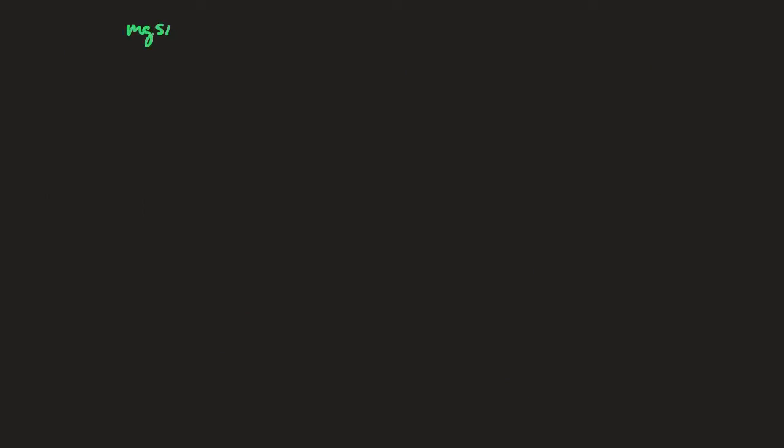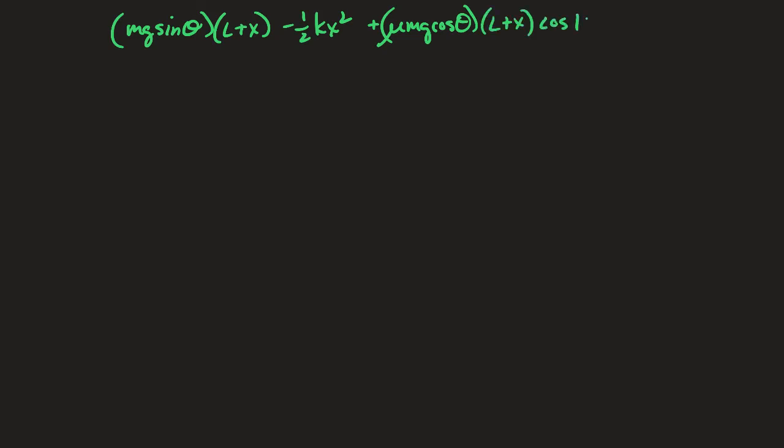mg sine theta times L plus x minus 1/2 kx squared plus mu mg cosine theta times L plus x times the cosine of 180 degrees, all equals 0.